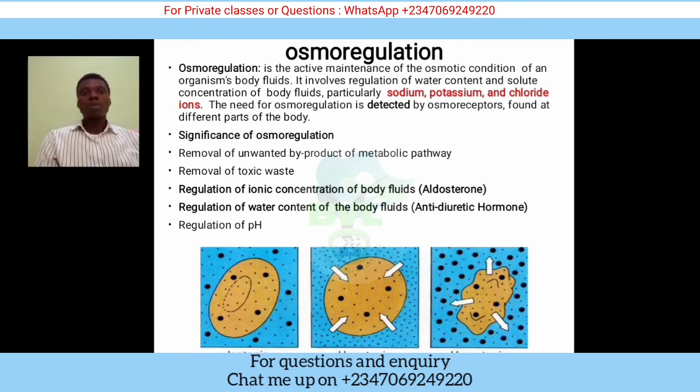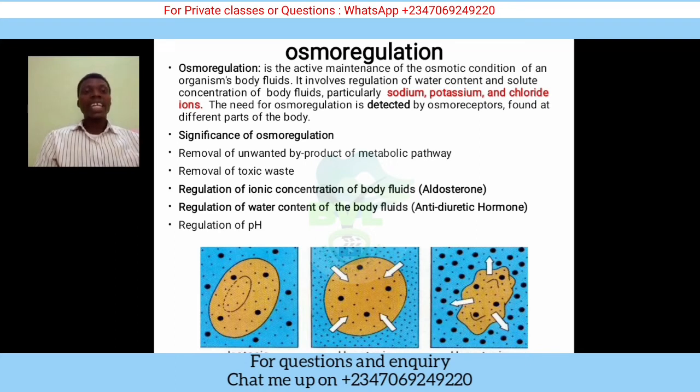Now, before we move on, I will call your attention to two things. Regulation of ion concentration of the body fluid is to some extent controlled by a hormone called aldosterone, majorly controlling reabsorption and excretion of sodium and potassium. Then also regulation of water content, which I will be showing you in a slide in a minute, is importantly controlled by anti-diuretic hormone.